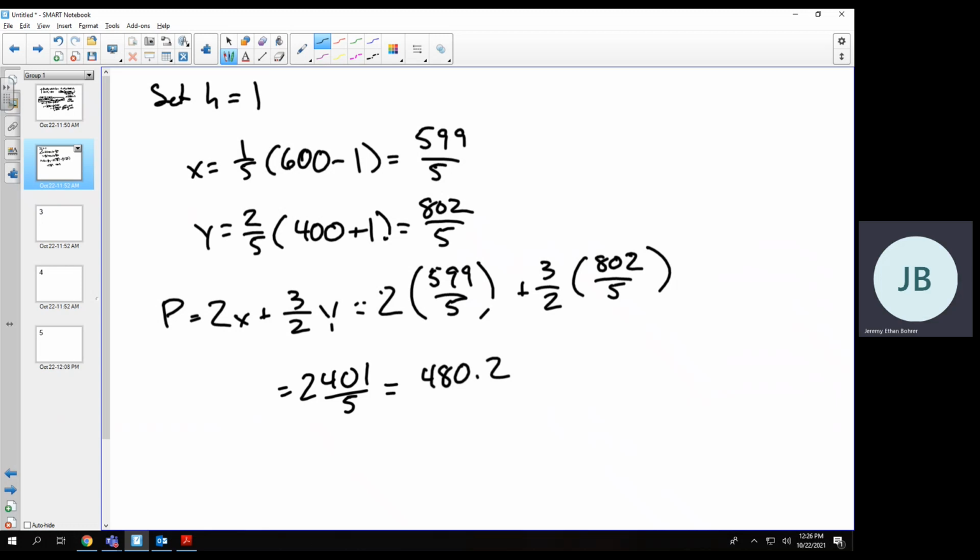Since the original optimal profit for this problem was $480, we can see that our shadow price is right there. It is 20 cents.